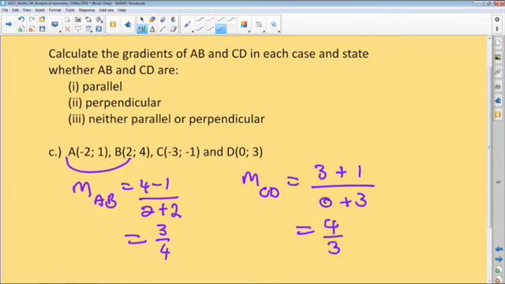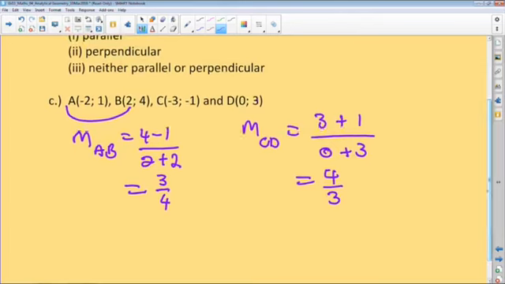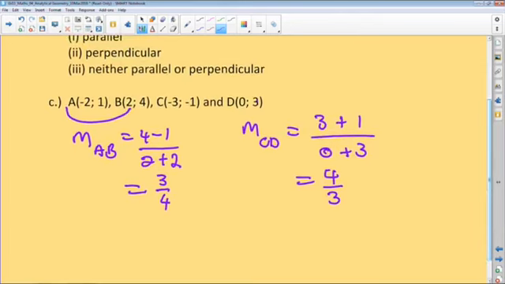Okay, so let's just check. This is 3 plus 1 over 0 plus 3. So you get 4 over 3. And then on the other side, you've got 3 over 4. Now, let's just check. Are these lines parallel, perpendicular, or neither?